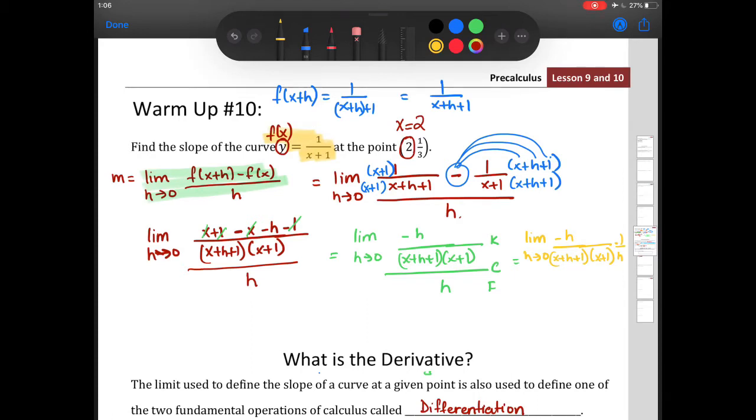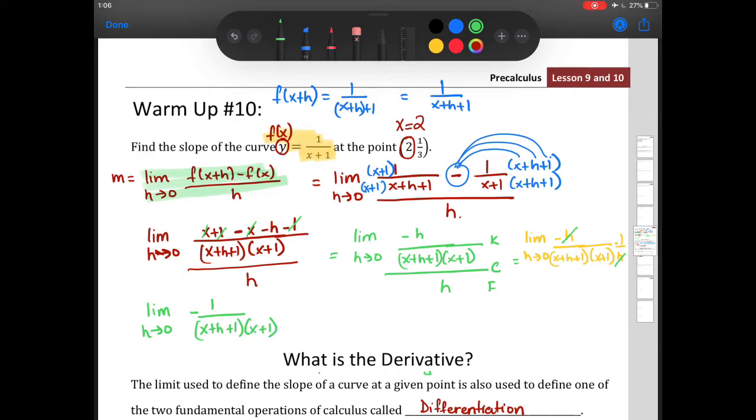So my h's cancel out, I'm left with a negative 1, and I'm left with limit as h approaches 0, negative 1 over x plus h plus 1 times x plus 1, right?